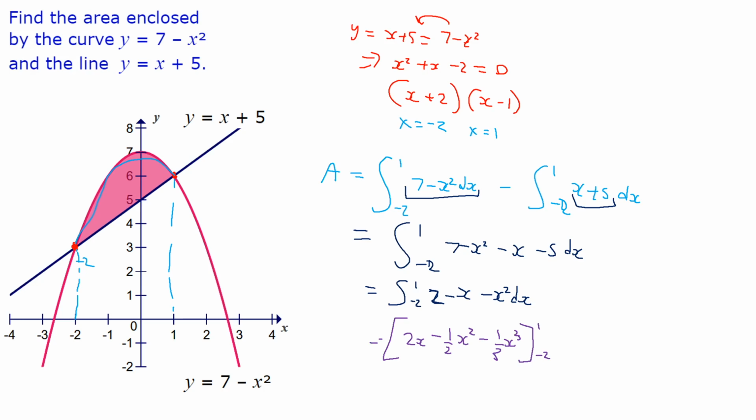So from here we get 2 minus a half minus a third, minus, and then put that in brackets, minus 4, that will be minus 2, and then wait, no, this will be minus 2, this will be plus a third, yeah, 8 over 3, sure.